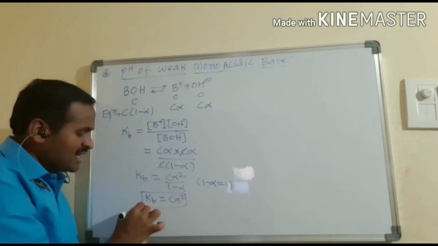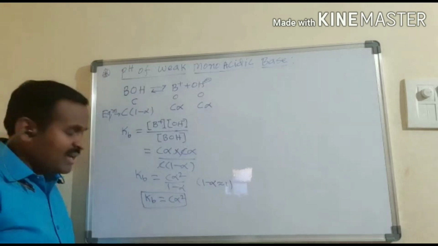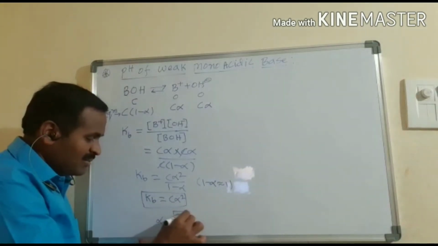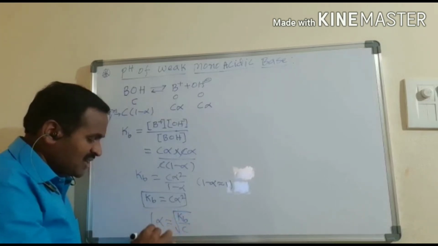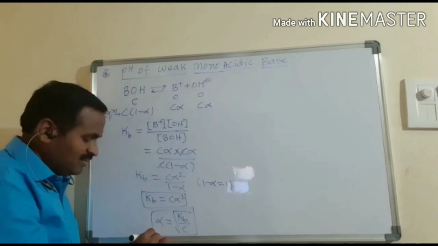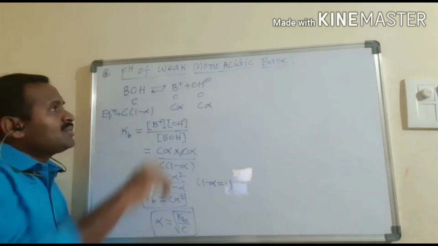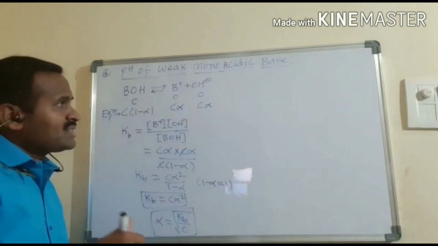For both acids and bases it's C alpha square only, and from this alpha, making it the subject of the formula, is the square root of Kb divided by the concentration. This is the degree of ionization for the weak monoacidic base.